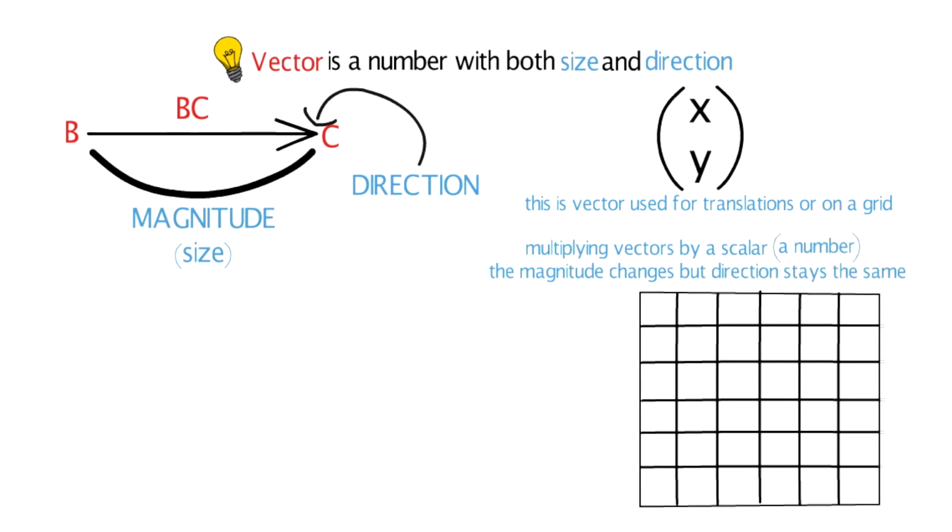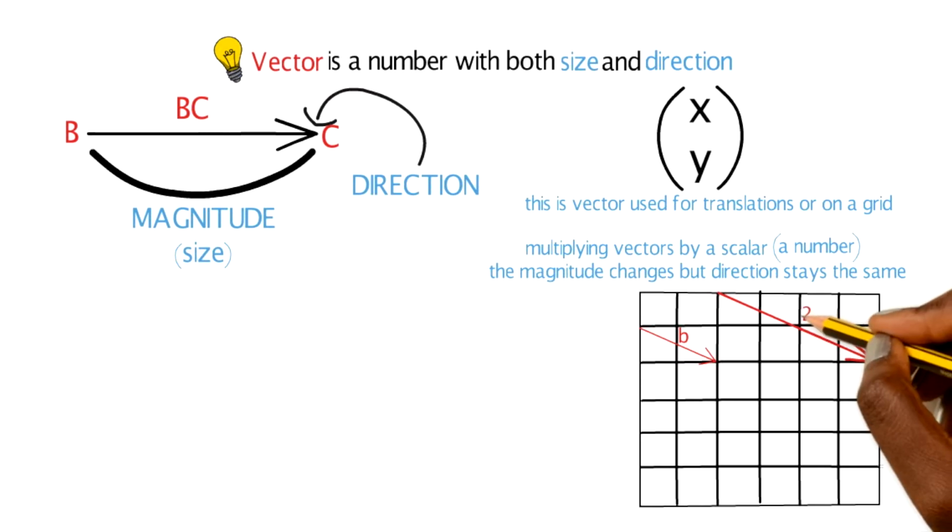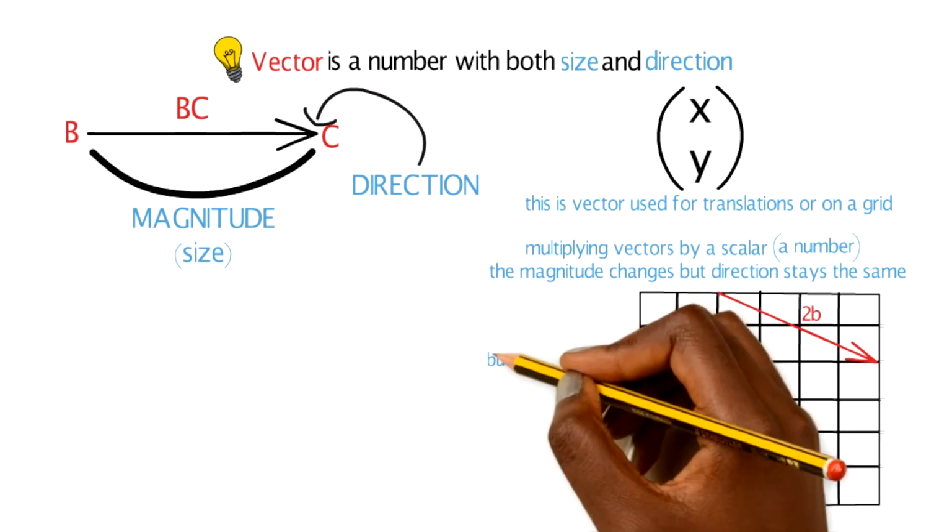So magnitude will change, but direction will stay the same. For instance, if we've got this vector labeled as b, and we were to multiply it by 2, it would become like this. Notice how the magnitude's gotten bigger, but the direction's still the same.